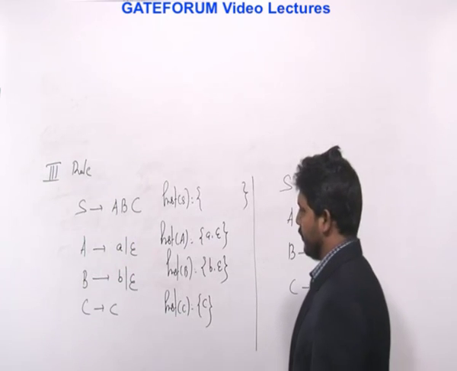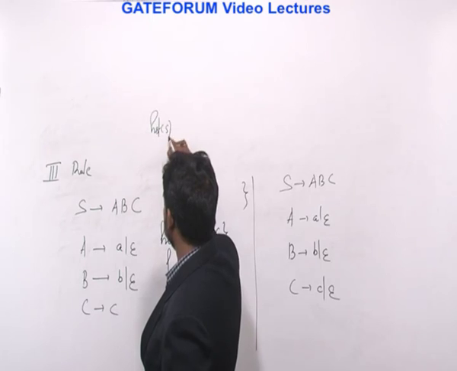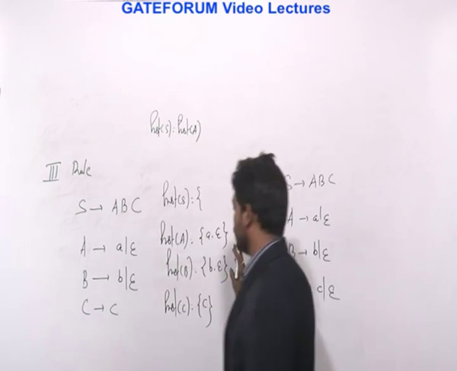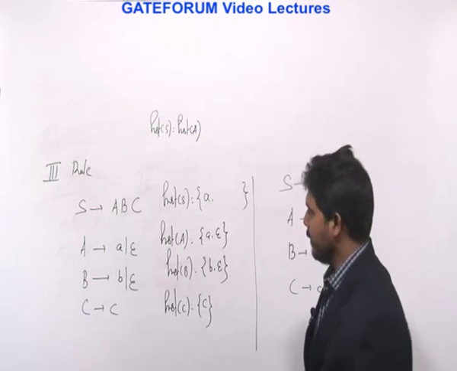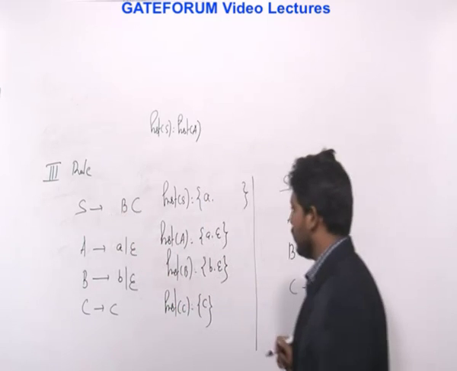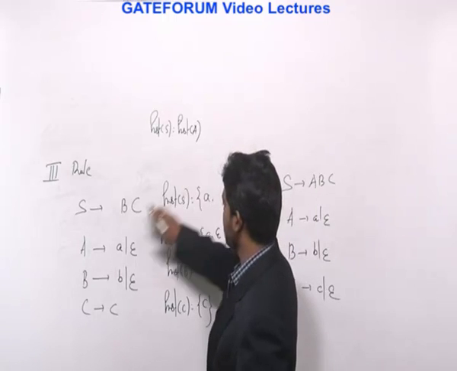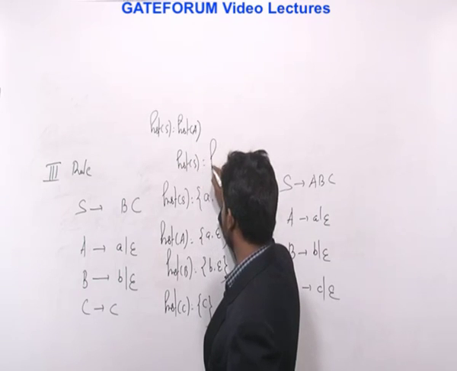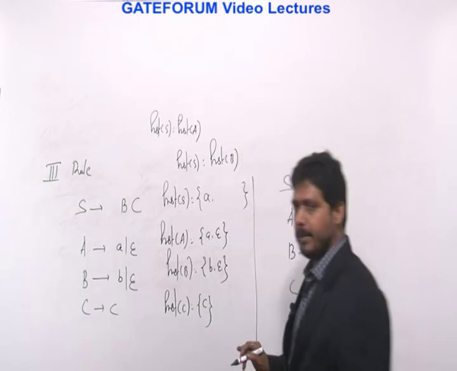The first of S is first of A. Now go to first of A: there is a symbol, include that symbol, but there is epsilon also. That means A can be reduced to epsilon. But if A is reduced to epsilon, your first symbol will become B. That means first of S, if A is replaced by epsilon, becomes first of B.